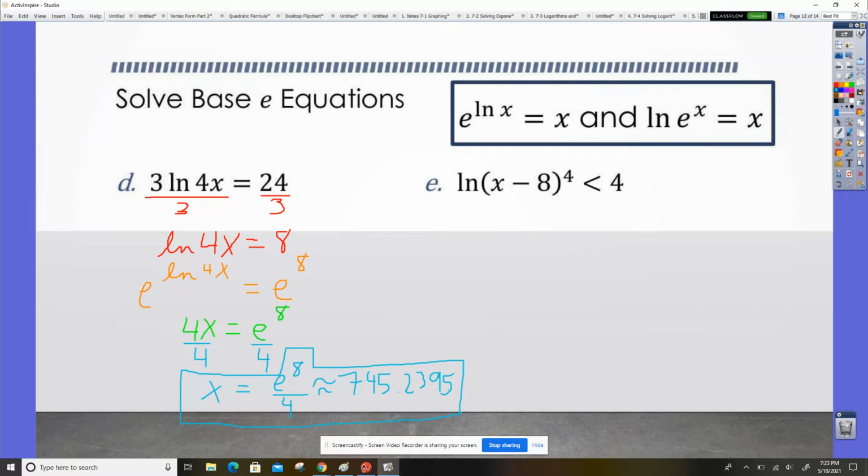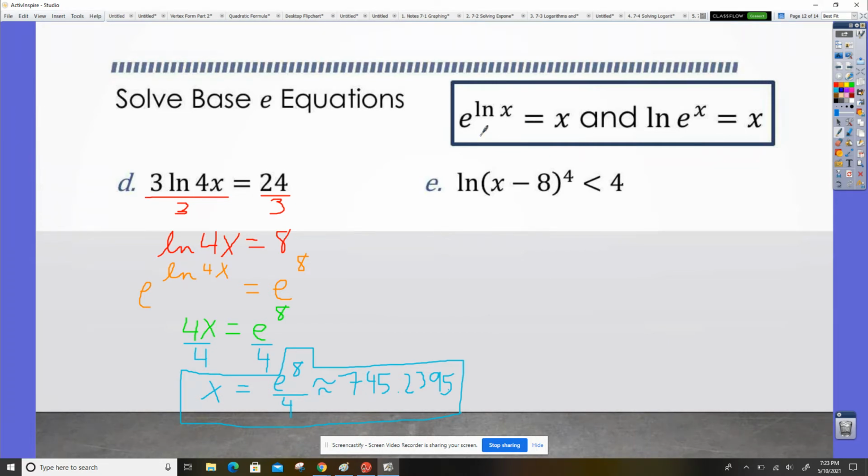Now, for the next one, we have an inequality. But like I said a second ago, the way that we do it is going to be exactly the same. So first thing that we need to do is get the natural log by itself. If you notice, it's already by itself. We have ln of (x minus 8) to the 4th power is less than 4. So now I can use this property up here.